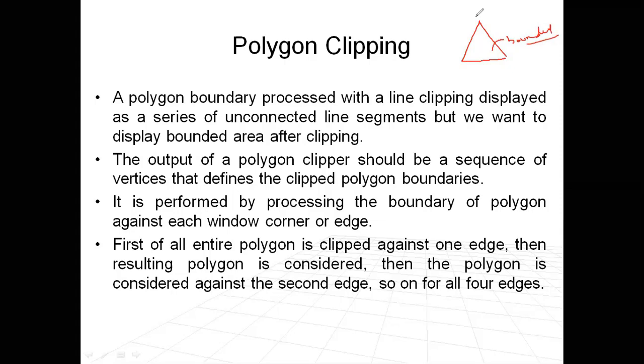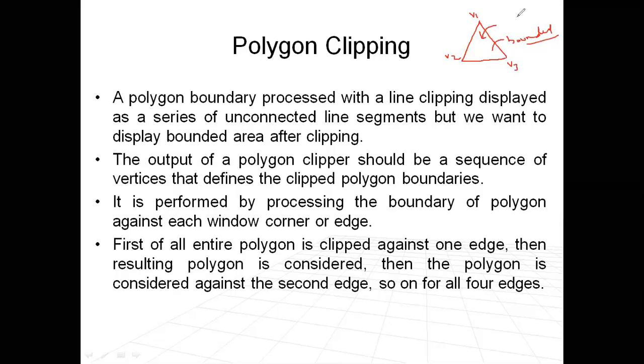It will be provided with certain vertices v1, v2 and v3, and all lines are joined together. So it should be a closed object. When it is a closed object, it allows us to fill it with a certain texture or an image, or you can fill it with a solid color.